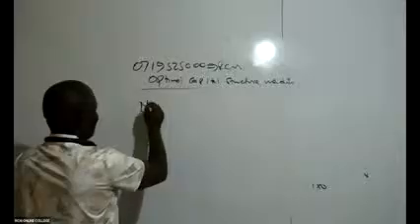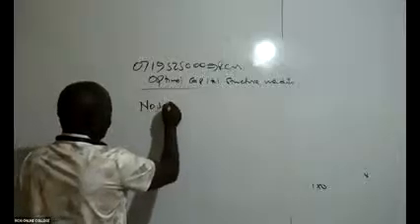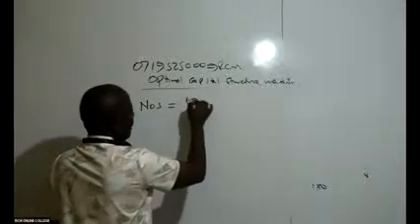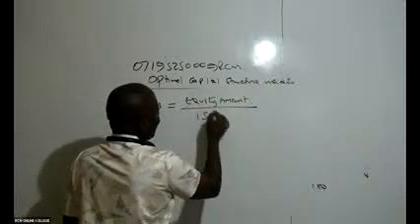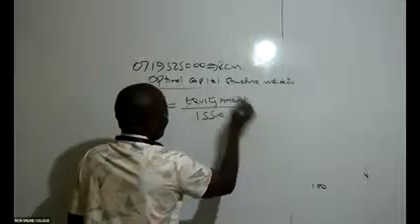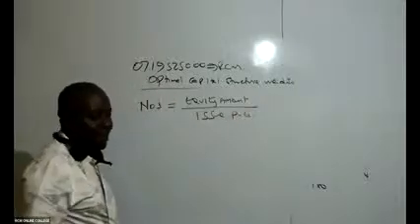Number of shares to be issued will be equal to the equity amount divided by issue price.